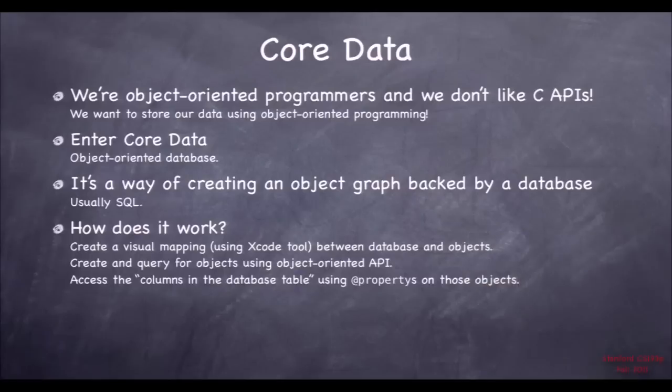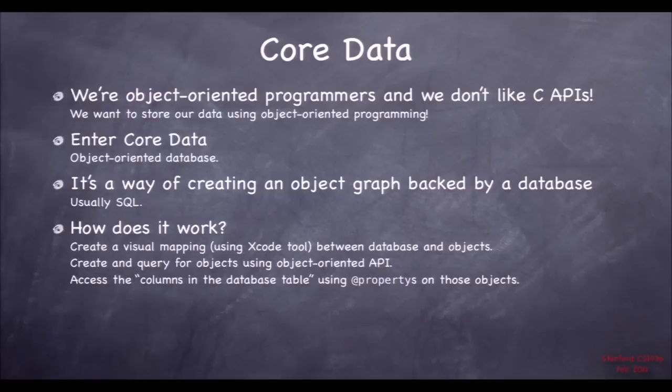How does Core Data work at the highest level? You go into Xcode, and there's a tool there for creating a visual mapping between the objects that you're going to store in your database and the code, which is just normal NSObject subclasses, actually NSManagedObject subclasses. Then Core Data manages all the interaction between.